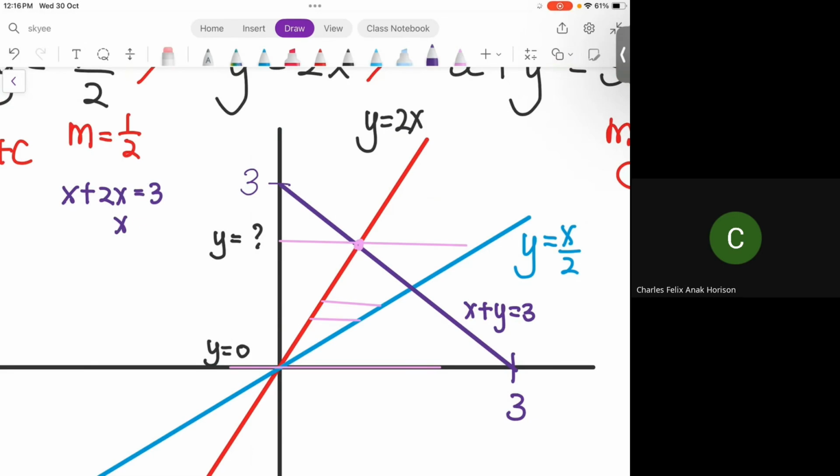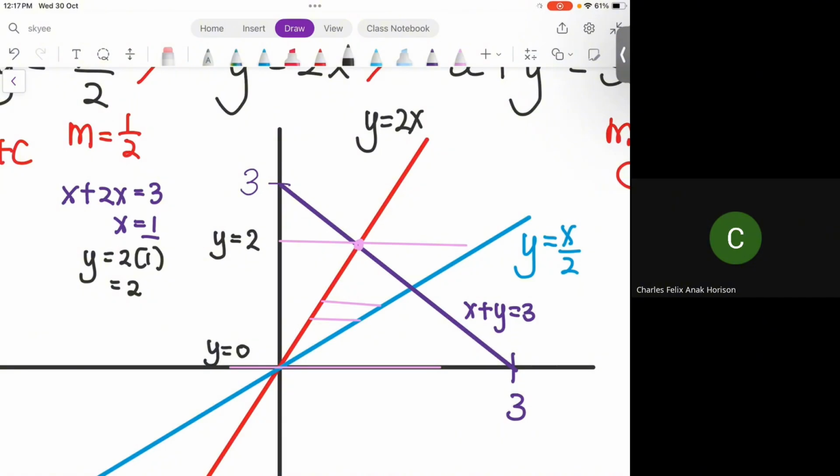So my x equals 1. I want y. So taking this x equals 1 and replacing here, you will find that your y equals 2. So this is how you get the point over here.